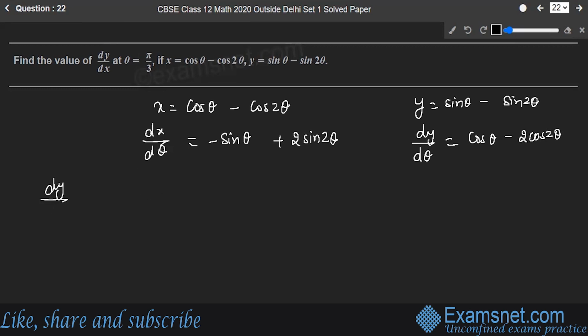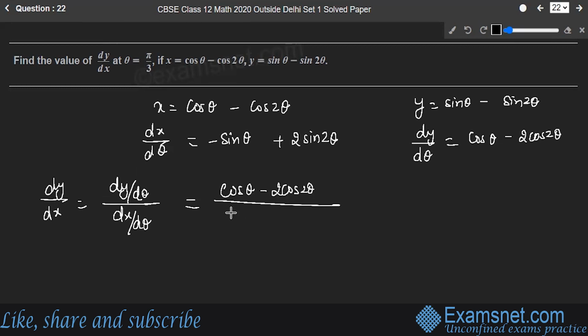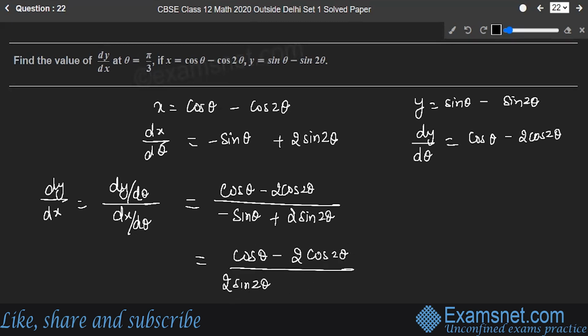You have to find out dy by dx. This is simply equal to dy by d theta upon dx by d theta. And what was that? This is equal to cos theta minus 2 cos 2 theta whole divided by minus sin theta plus 2 sin 2 theta, or I can write it as cos theta minus 2 cos 2 theta whole divided by 2 sin 2 theta minus sin theta.